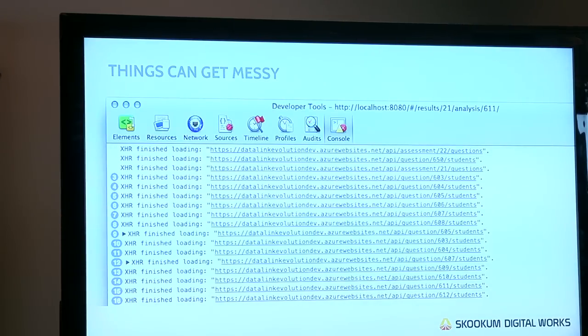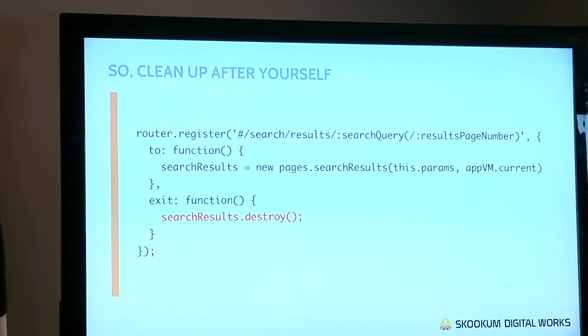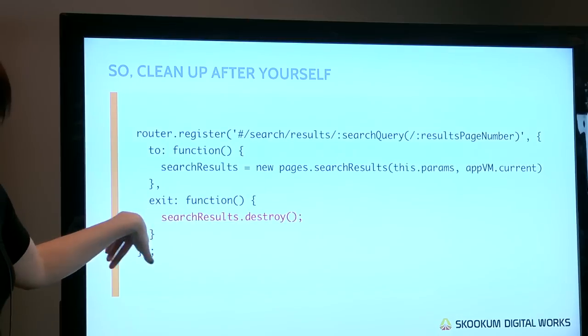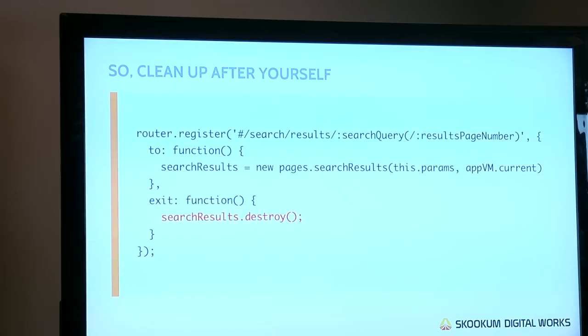So you definitely don't want your app doing that. If you destroy your events properly, you won't have funky things like this happening. And again, the destroy method is a good way of handling that.